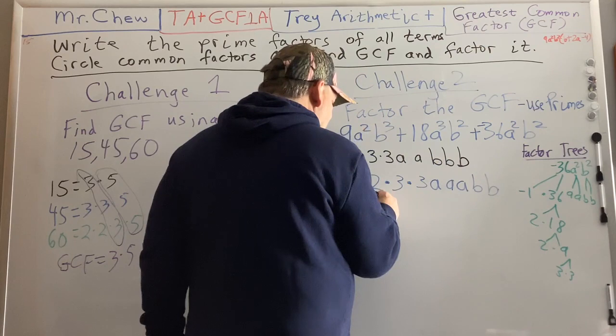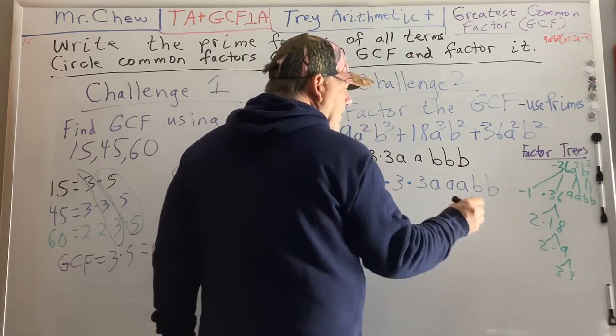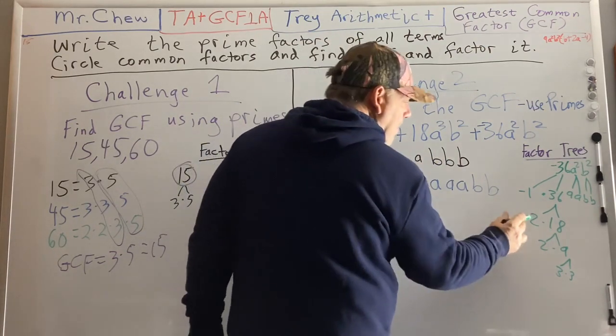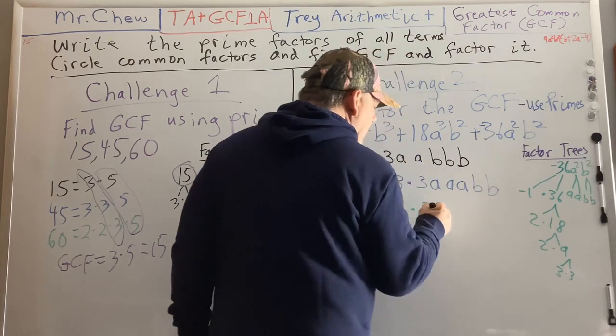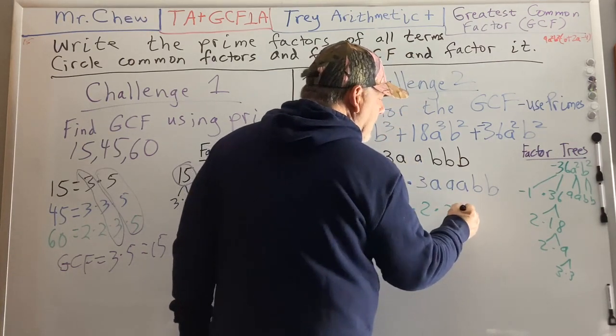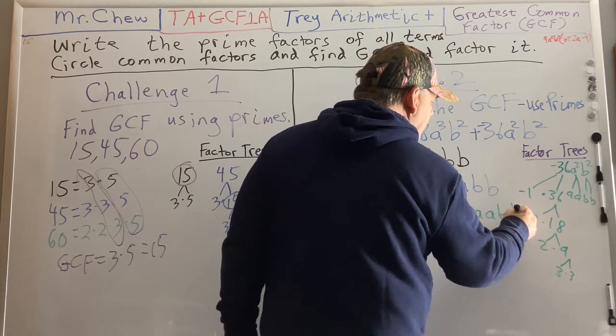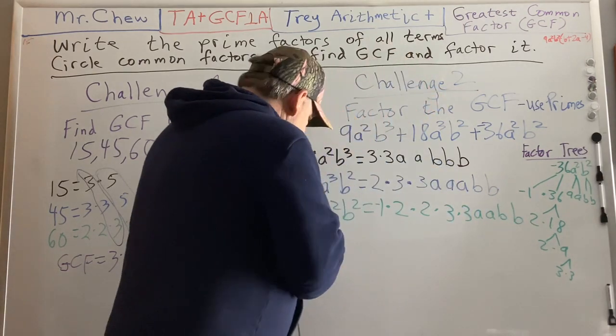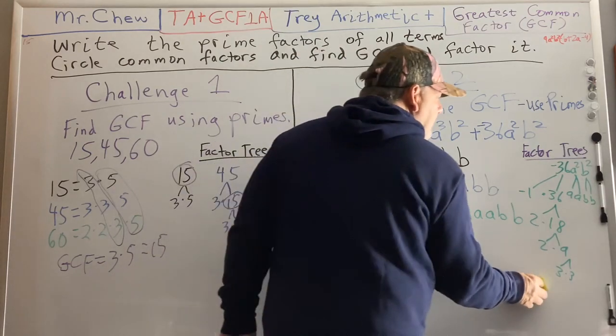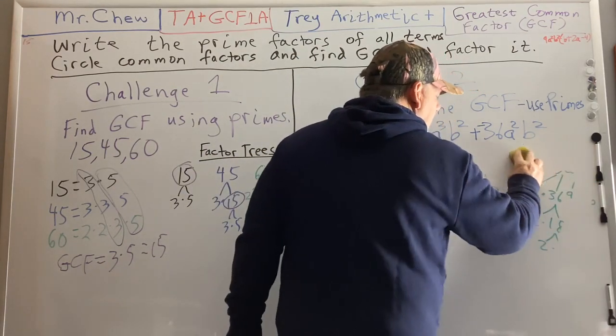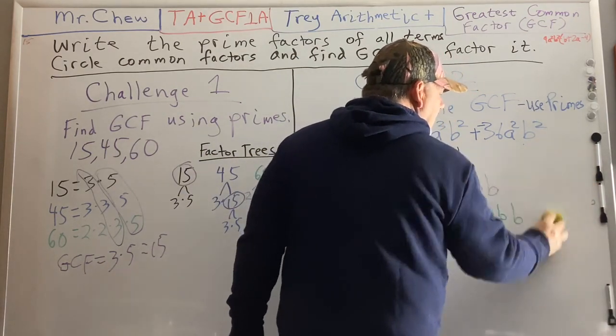So I can't forget my negative 1. And then we've got 2 times 2 times 3 times 3. And then we've got A, B, B. Now, just like I did, I'm going to erase this factor tree to get it out of our way.